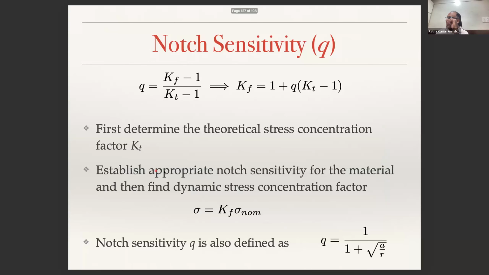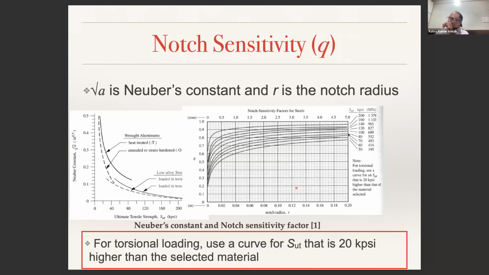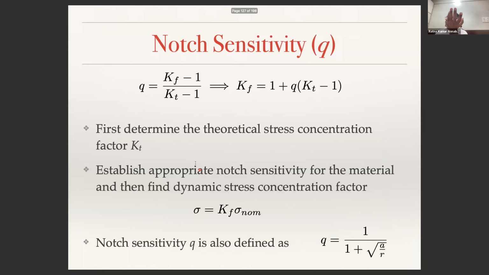Using that, you can plug in the notch radius and compute Q, or in the data handbooks, you can directly obtain Q from Q versus notch radius plots for different ultimate strengths. Look at this graph, find Q, plug it in, and then you get the fatigue stress concentration factor.